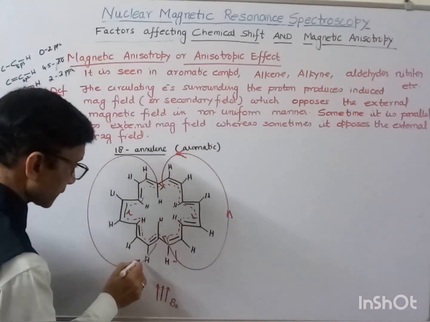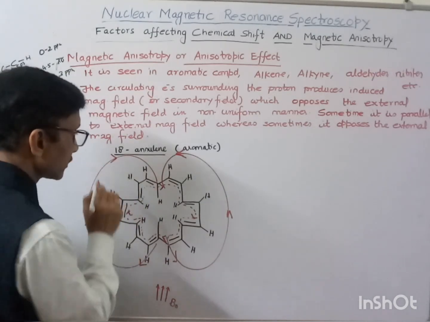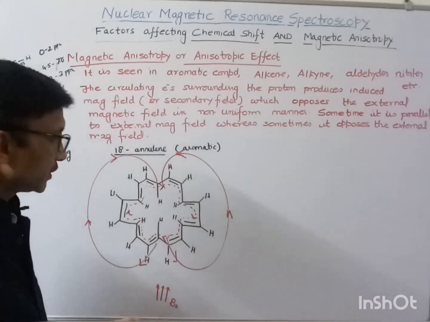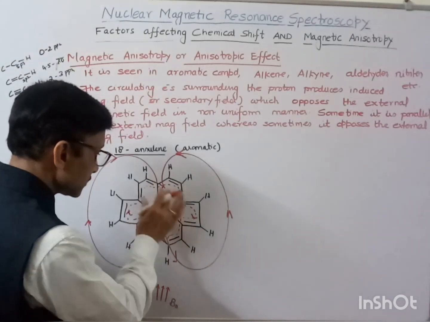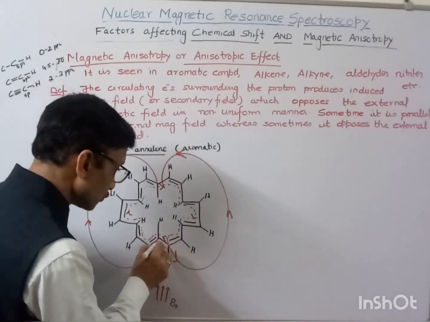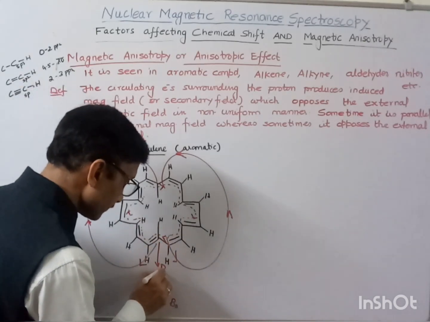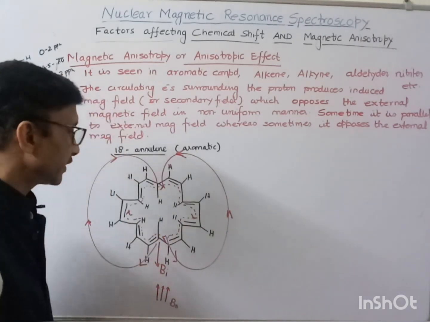So what we may see here is that these inner protons are in the shielded region. Here Bi is the induced magnetic field, which is opposing the external magnetic field.